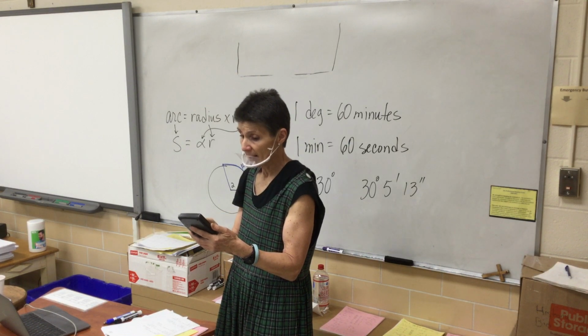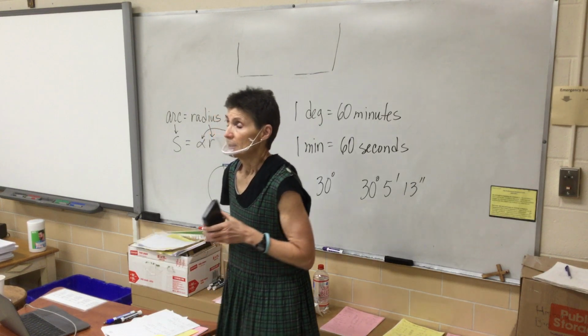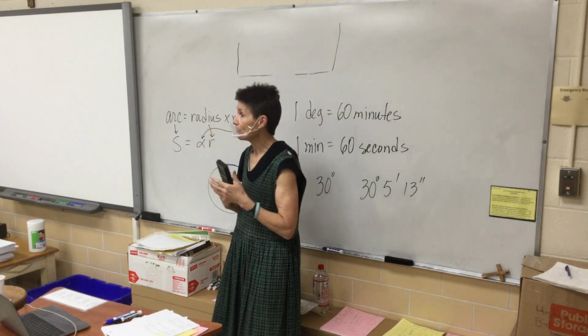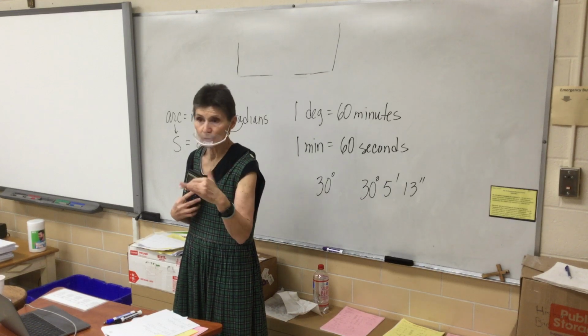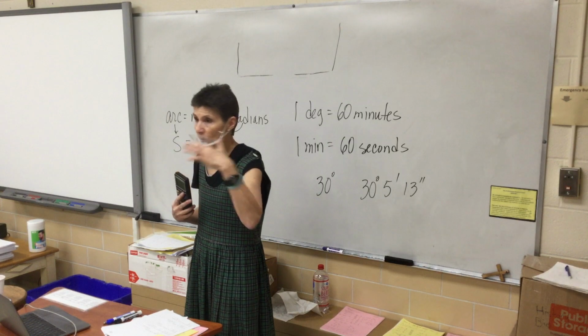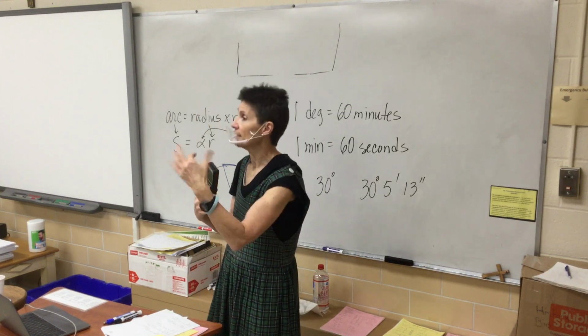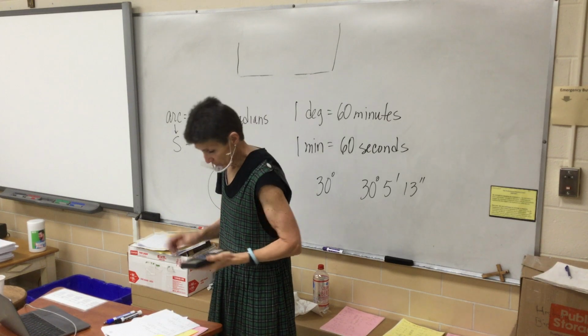Press enter, and then second quit. Now your calculator is in degree mode, which means every angle you enter is interpreted as degrees. When we want radians, we'll have to go back in and change it.